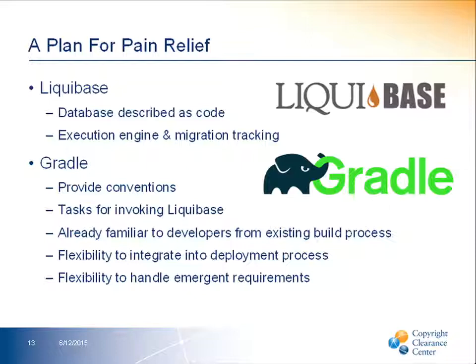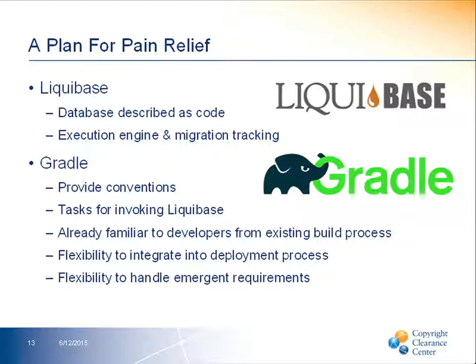So the tools we selected, one was Liquibase, which is sort of describing these database migrations as code. It's database agnostic. It's a relational database tool, but supports many different relational databases, and it has the execution engine we're looking for and that automated migration tracking that we discussed.